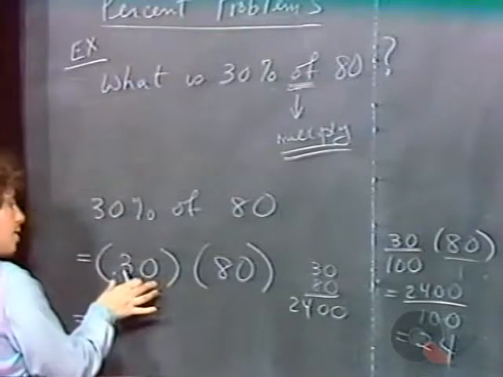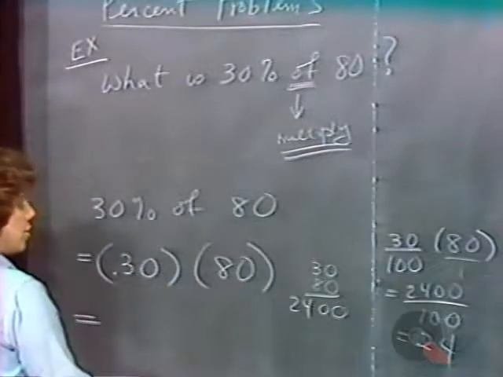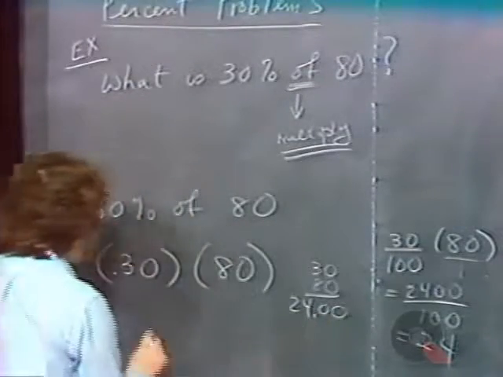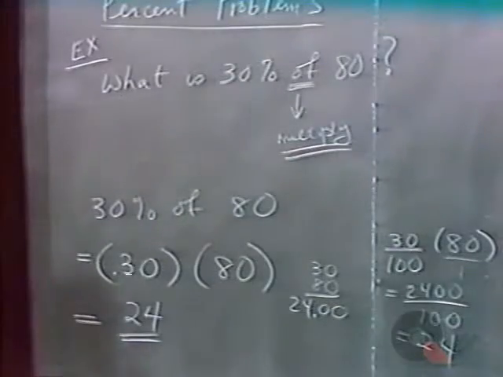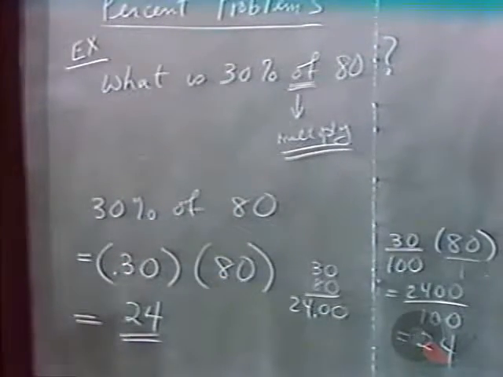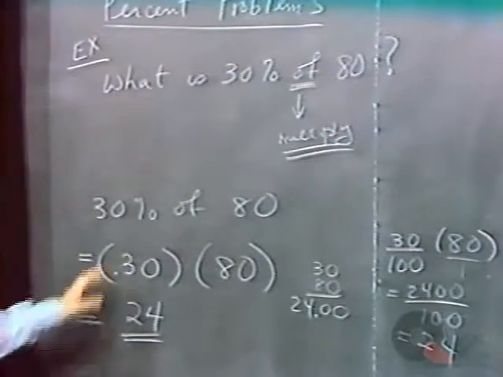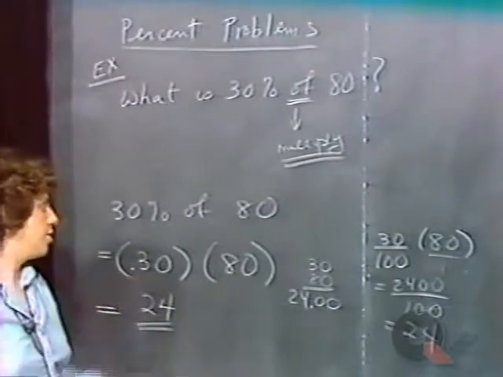And then you would say there are 2 decimal digits in this factor, none in this. So the final answer should have 2 decimal digits. So the answer would be 24. So one way or another, whether you want to change the percent to a decimal or to a fraction, you can handle this problem. What is 30% of 80? You calculate 30% of 80 by multiplying 0.30 times 80.